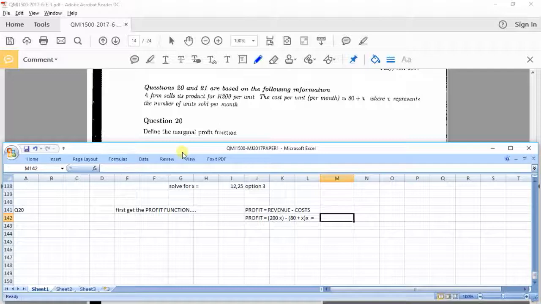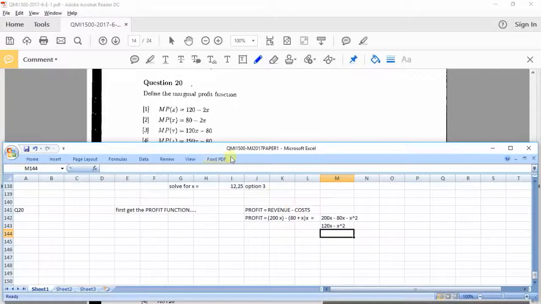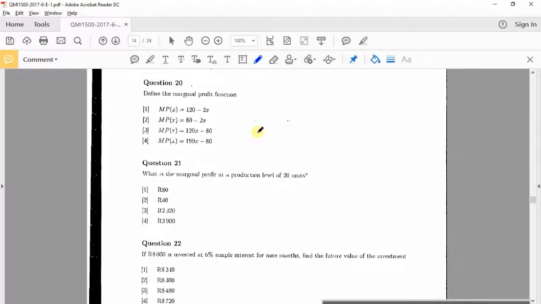So what is that going to give us? 200x minus 80x minus x squared. Then 120x minus x squared. X times x is x squared, right?